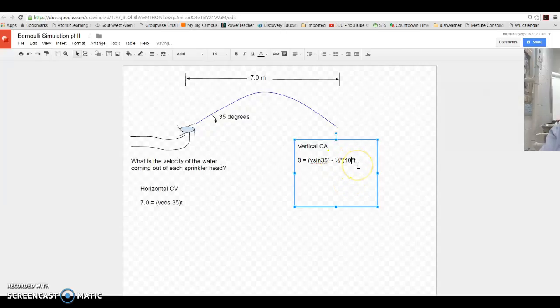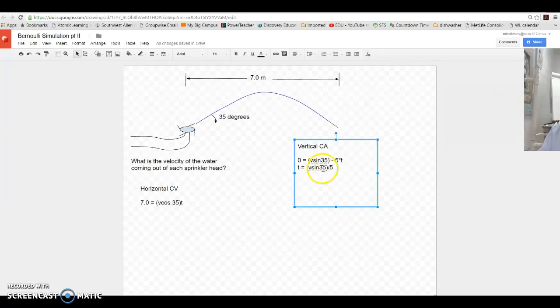1/2 of 10 is going to be 5. Now you can see why I'm so lazy and I use 10 all the time. And now I can solve this for t, and t is going to be equal to v times the sine of 35 divided by 5.